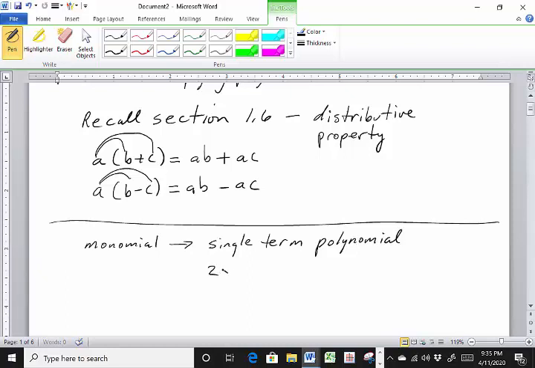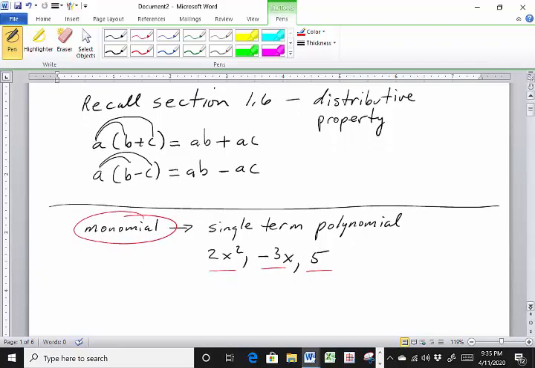So you might have 2x squared, or you might have minus 3x, or you might just have a constant 5. These are all polynomials, but because there's only one term, it's specifically called a monomial.